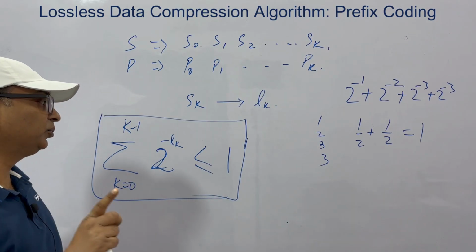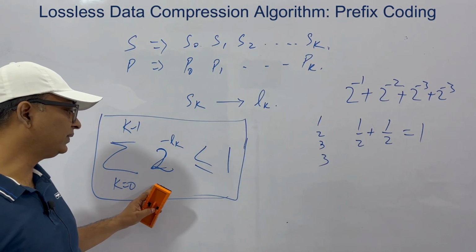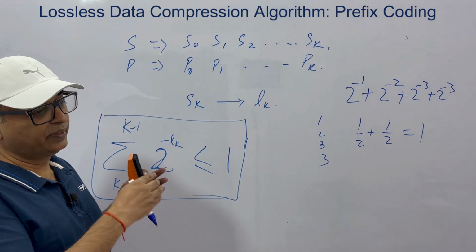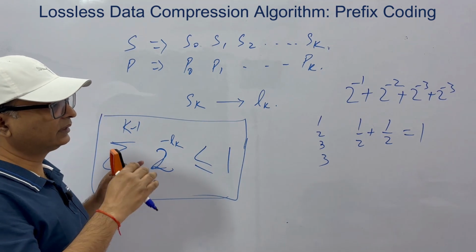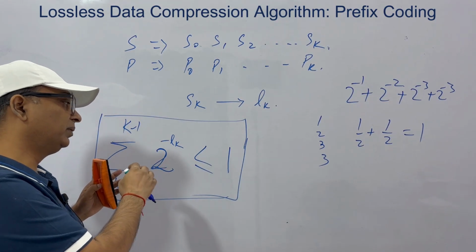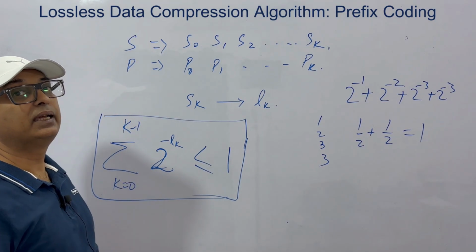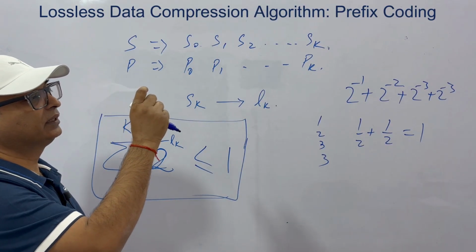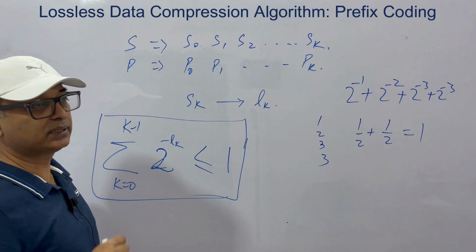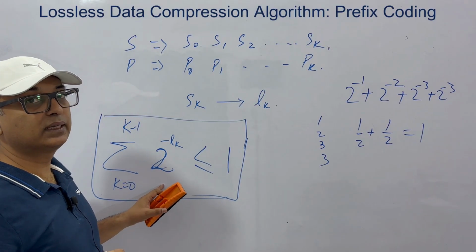Now the point to be understood is that Kraft inequality only gives a condition on the code word length. It gives a relation between code word length and a mathematical expression that has to be fulfilled if it has to be a data compression code. This is for code word length only.